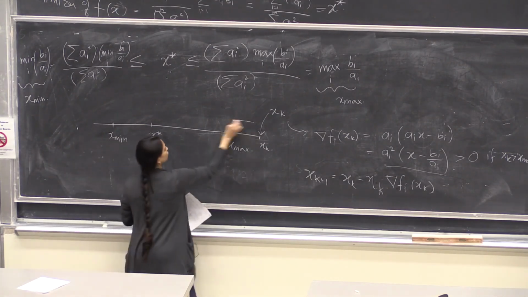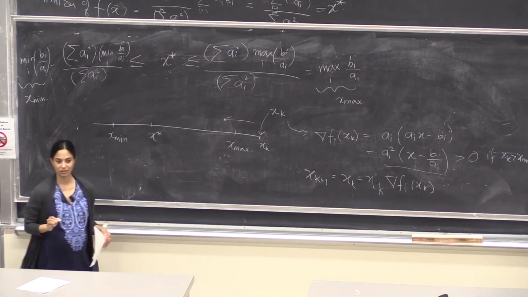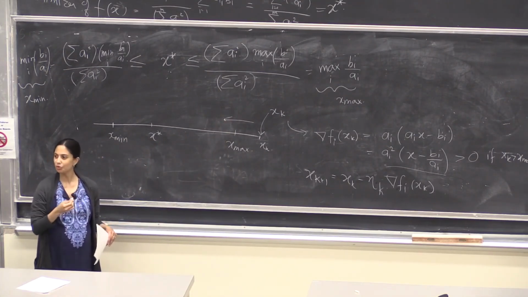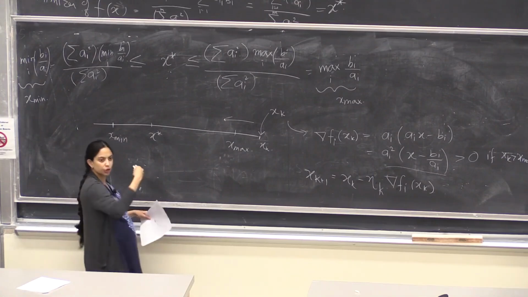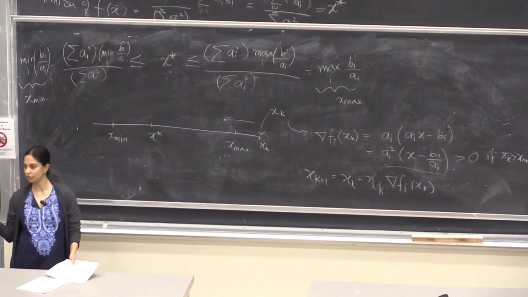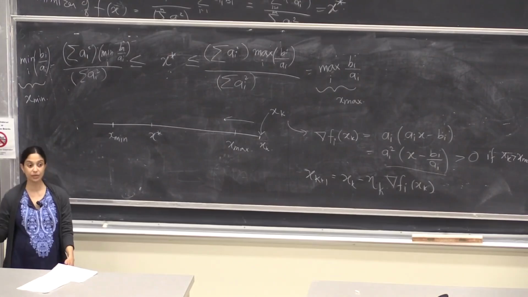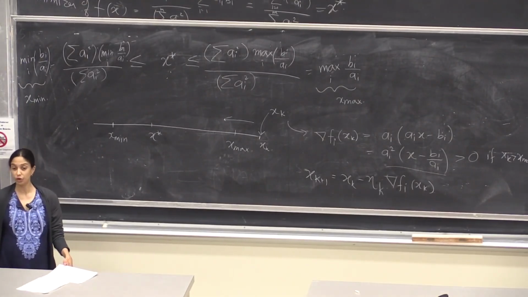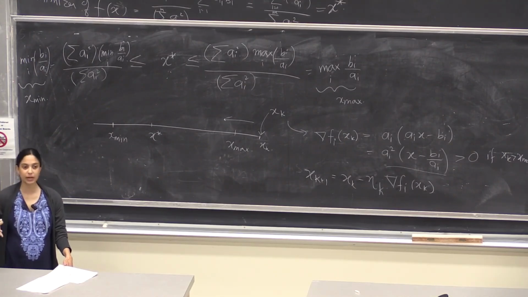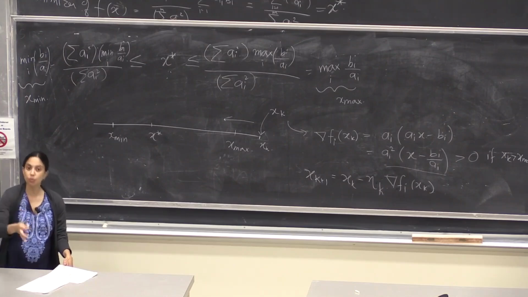I'm always going to move in this direction, right? So I'm always going to move towards where my x star actually is. Like I'm being pushed into this interval. Anytime I'm outside of this interval, my stochastic gradient descent step, no matter which I choose and no matter where I am, I'm always being pushed in the correct direction. Does everyone see this? Even though it's not exactly the gradient step, it's still moving in the right direction.